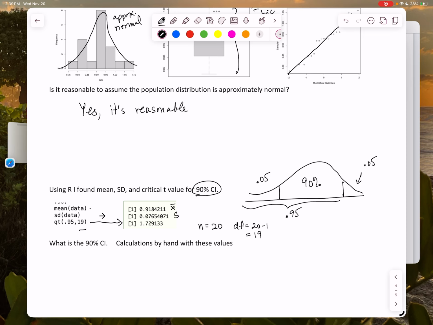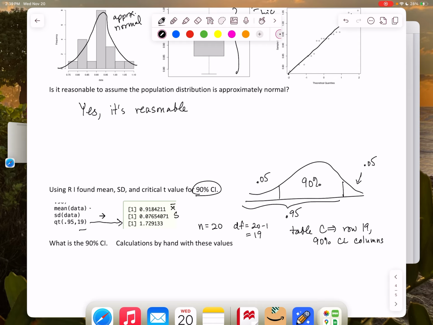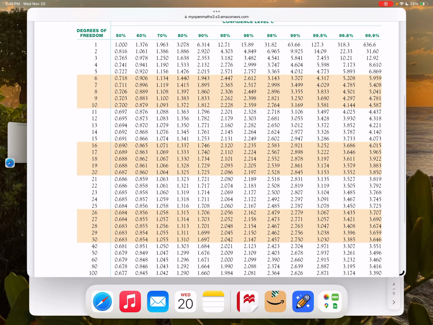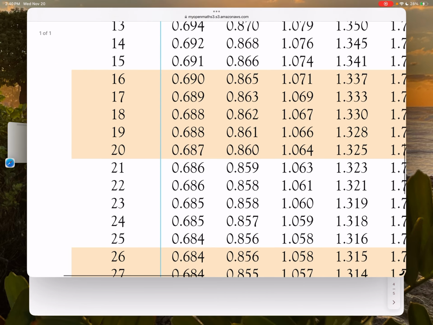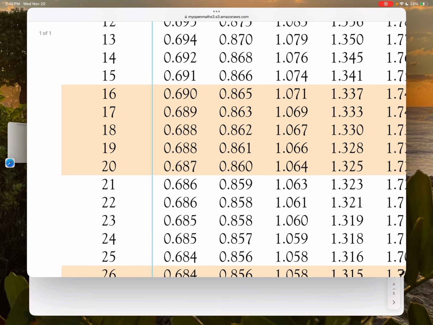I get 19. Now if I wanted to use table C, I would use row 19 and the 90% confidence level column. So I'm going to switch to that really quick. Hopefully focus on row 19. Here's row 19, and we want the 90%.